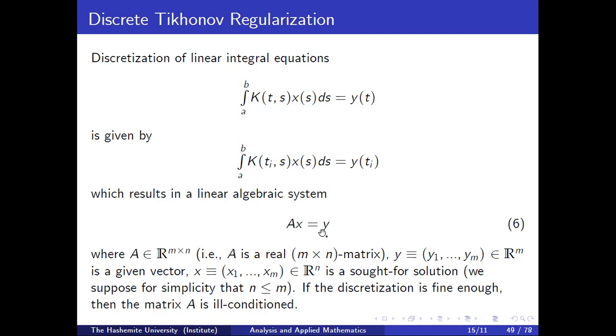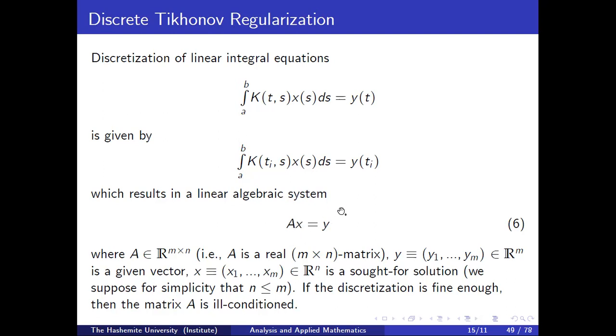We have two problems here. The first problem: sometimes we don't have the exact value of y, but we have y delta measurements. And using the inverse is not a good idea because the inverse is ill-conditioned, as we stated, because if we are using a large number of nodes, A will be ill-conditioned or almost singular.